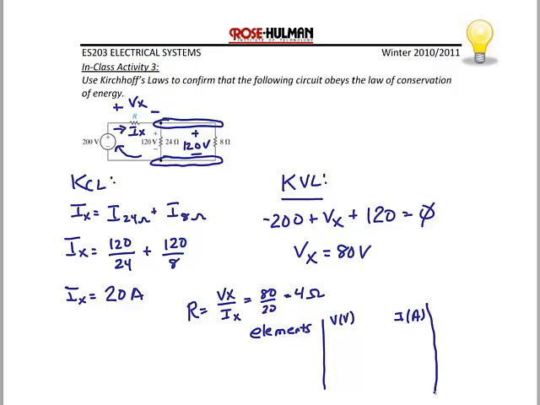So I'm making the column headings first: elements, voltage, current, and power. I now know that R is a 4 ohm resistor, so I'll put that one first. 4 ohms, 24 ohms, 8 ohms, and 200 volts. For the 4 ohm resistor, the voltage is 80 and the current is 20.